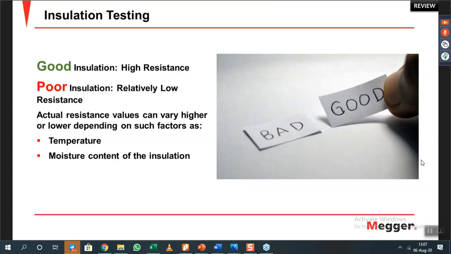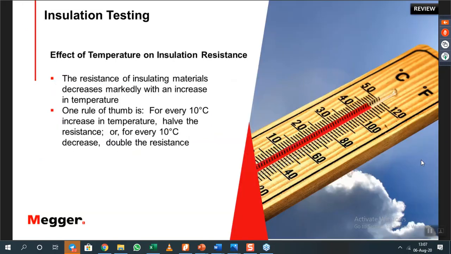So when we say good insulation, again, we are talking of high resistance, and when we say poor insulation, that is a relatively low resistance. Actual resistance values can vary higher or lower depending on factors such as temperature and the moisture content of the insulation. Temperature can affect the insulation.